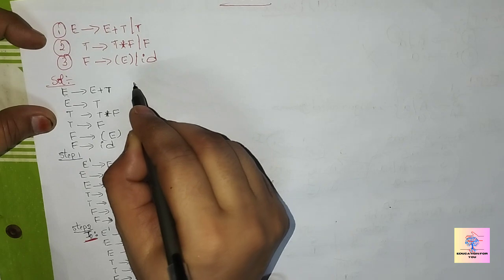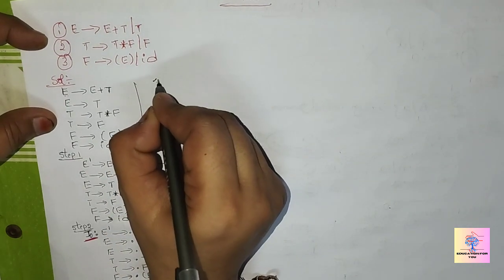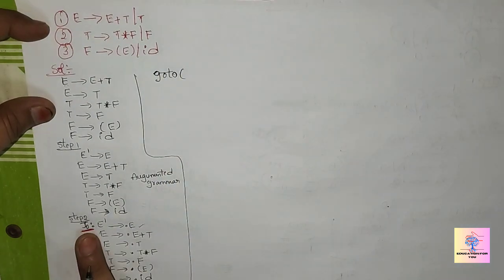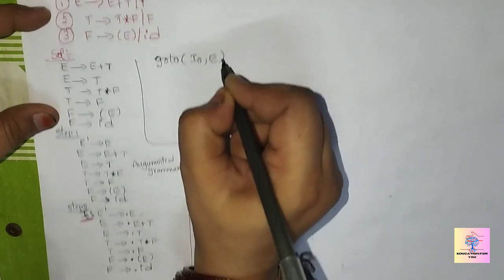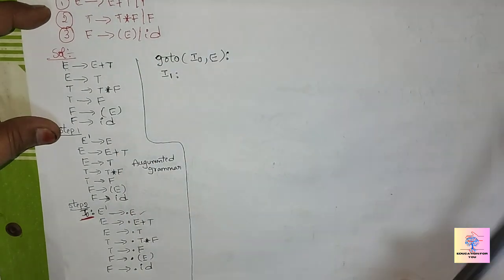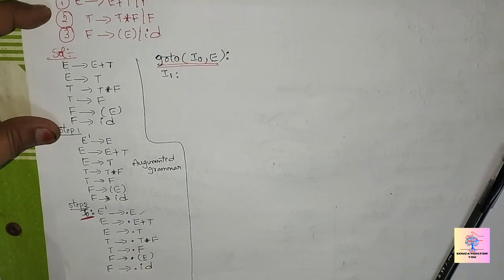So go to I0 comma E. Let us take this state as I1.